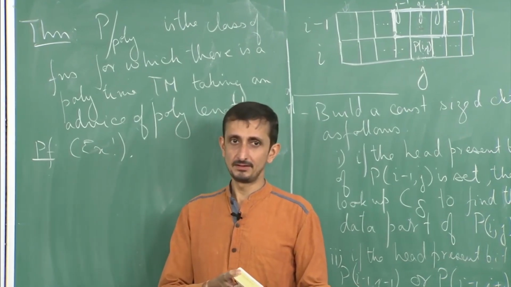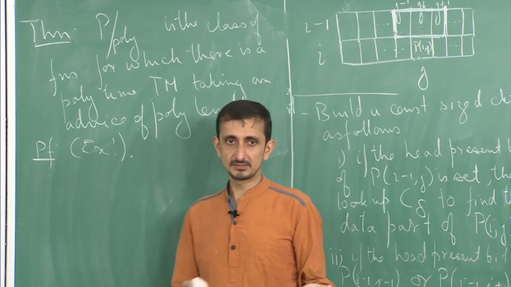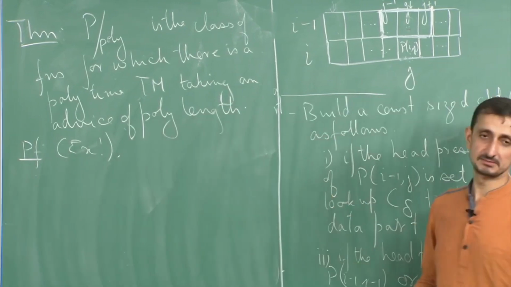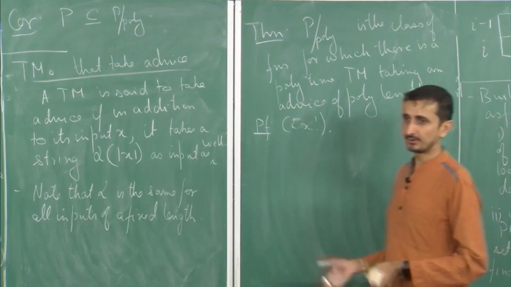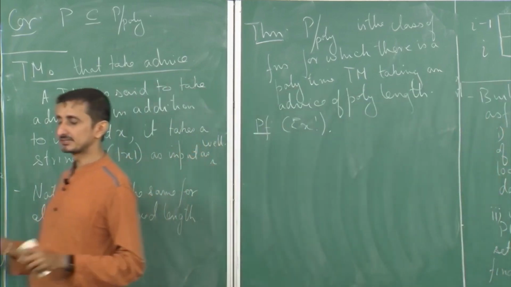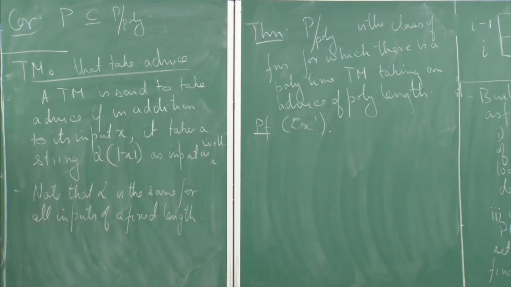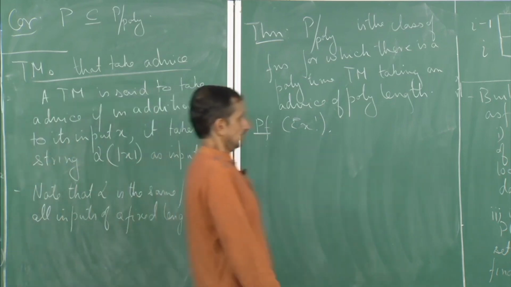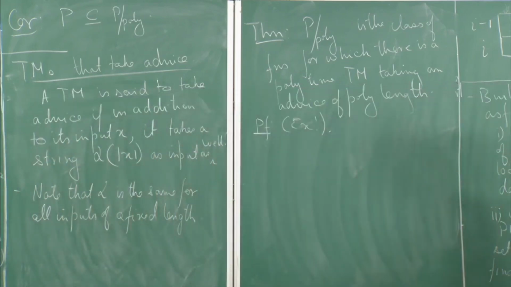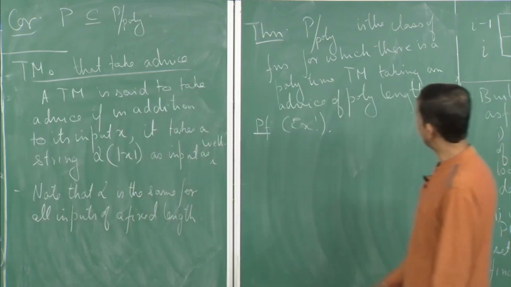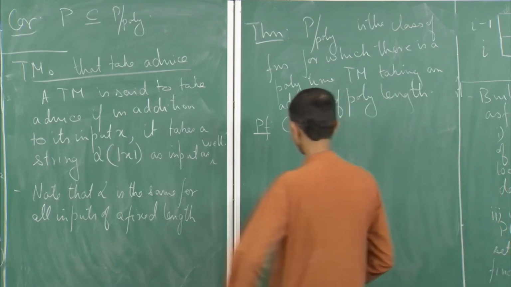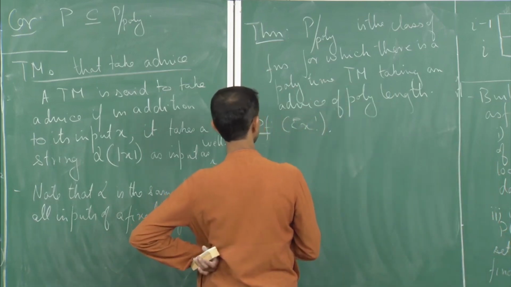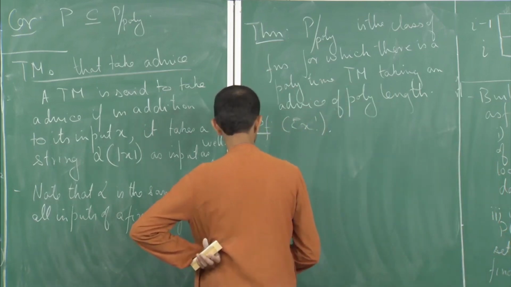The circuit is this simulation, and you just hard code the advice into that circuit, because it is just one advice string for the entire circuit. So this shows that P with polynomial advice is the same as P/poly.